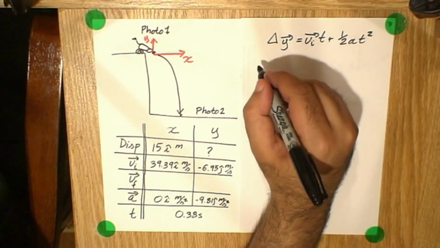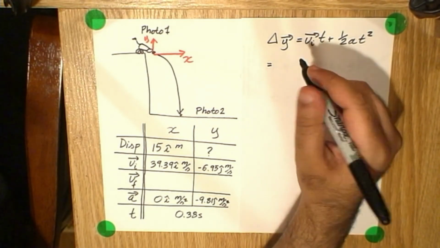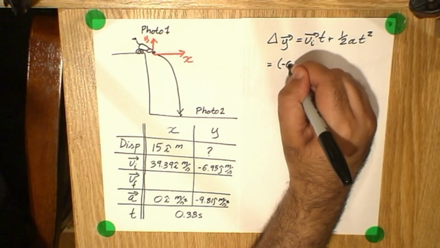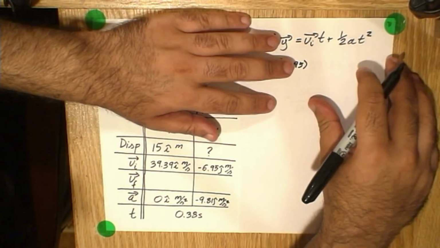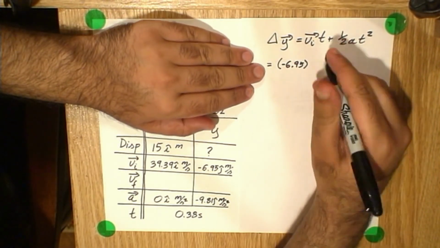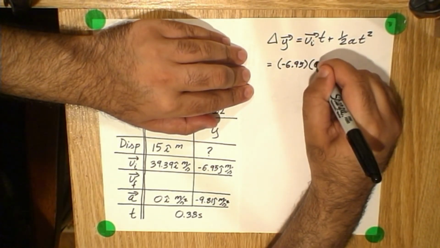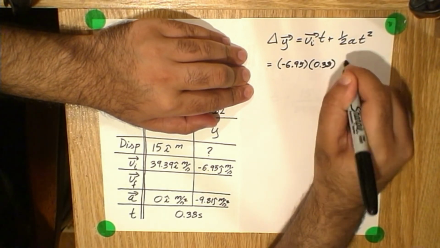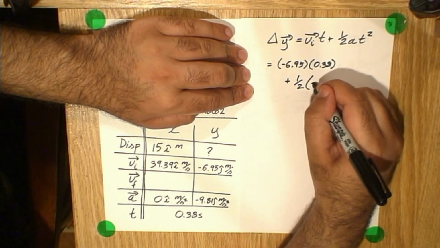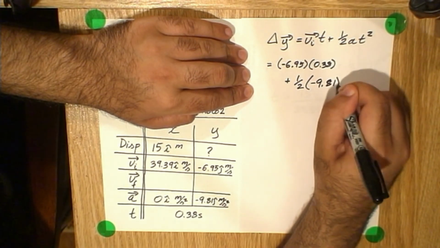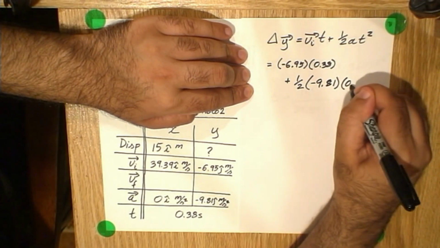So, delta y is unknown, v initial, negative 6.95, times a time of 0.38 seconds, plus half times acceleration, times t squared.